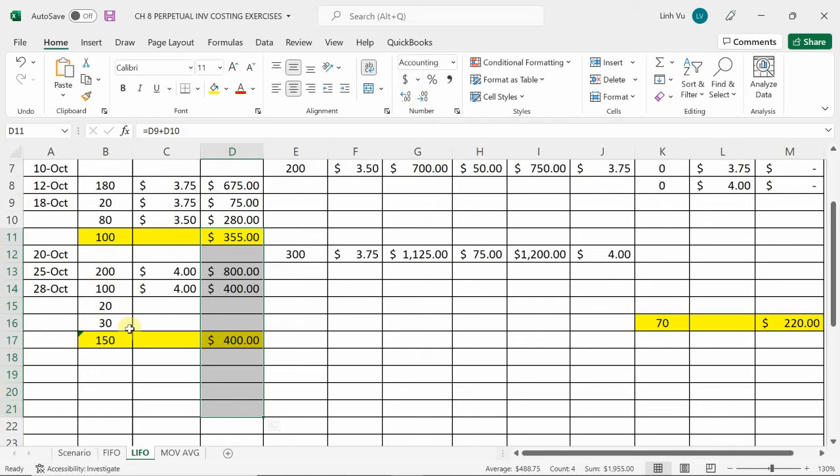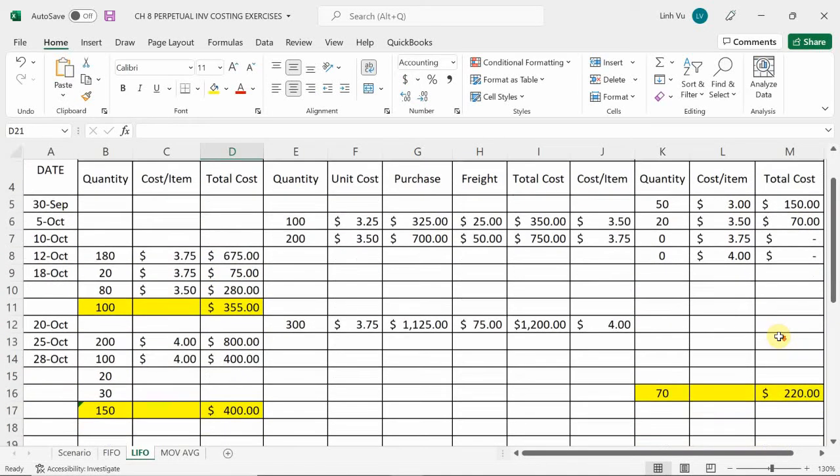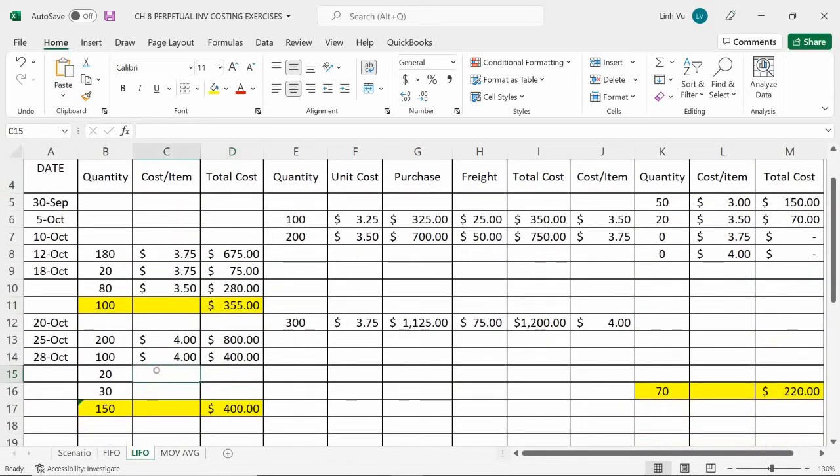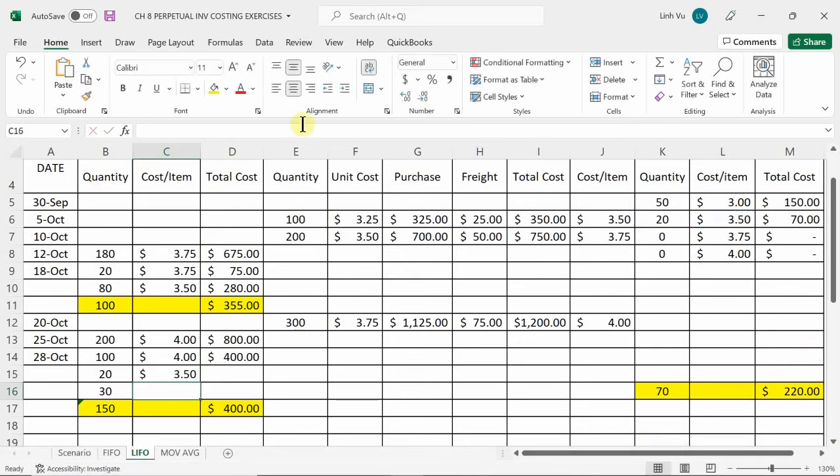So we got rid of my first 100. Then we need to take out the 20 at $3.50, which gives you $70, so I can get rid of this.